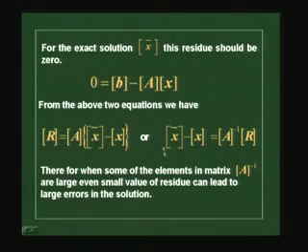But if you write it in this form, that is x bar minus x is A inverse times R, you find that if some of the elements of A inverse are large, you may have residues that are very small, but the solution is still very bad, because the actual difference is A inverse times R, and A inverse is a large matrix.